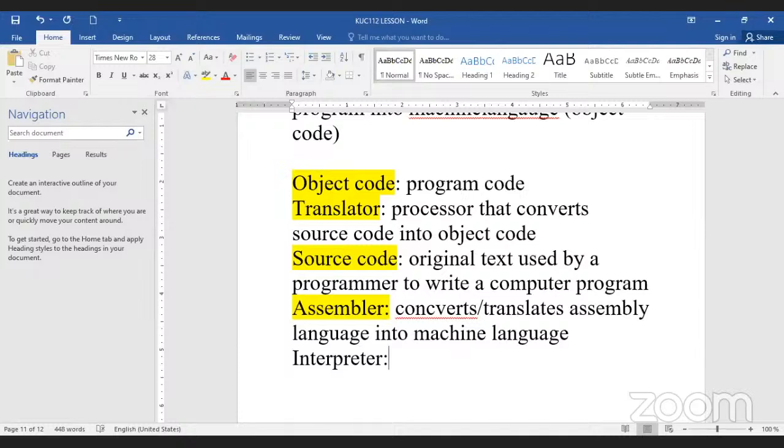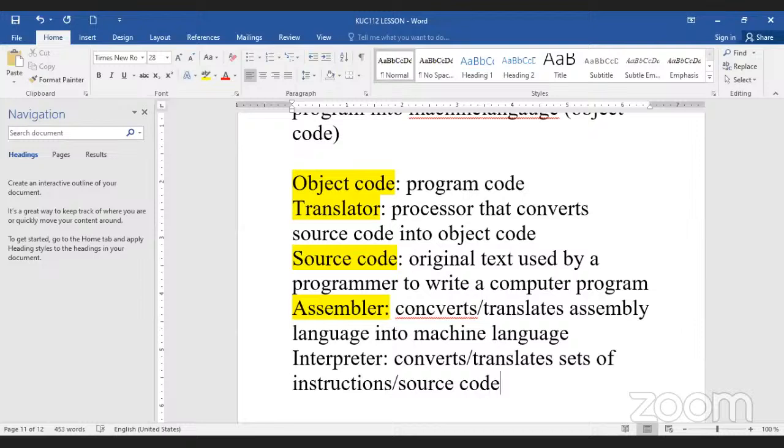An interpreter converts, translates, a set of instructions. Instructions, we have said these are source codes, one at a time.